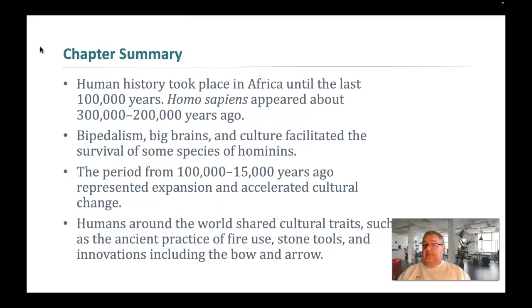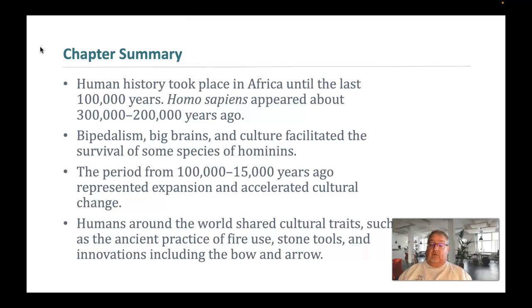As you get to the end of the chapter, you're going to start seeing that we're going to start making this shift from hunting and gathering to settling down, okay? So in summary, take a look at what the chapter's trying to get you to understand, okay? That during this period of time, all right, we became Homo sapiens.